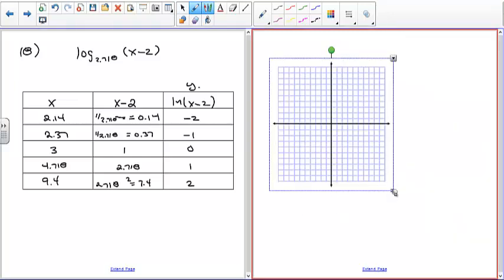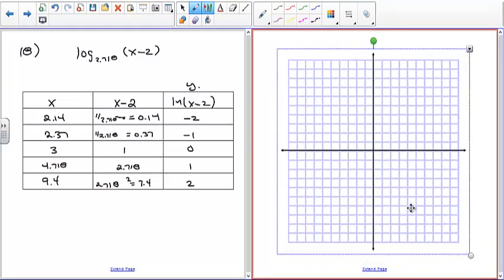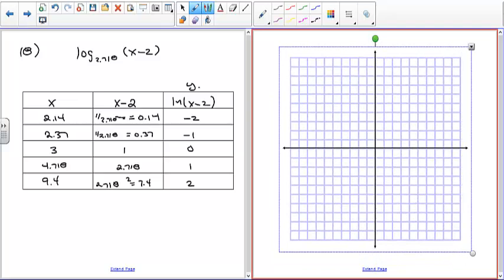So now we can plot this with our 5 values of x. Since we go up to 9.4, we're going to have 10 here, negative 10 here, go up to plus 10 here, minus 10 here.